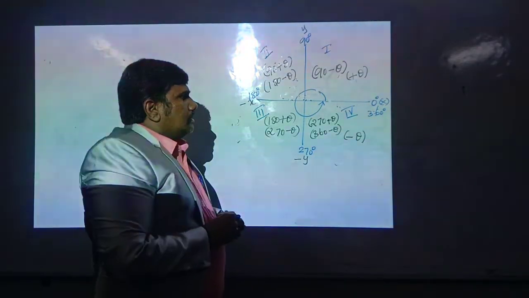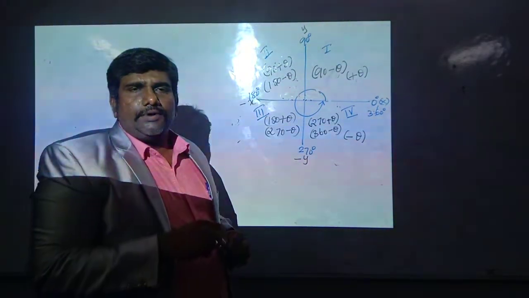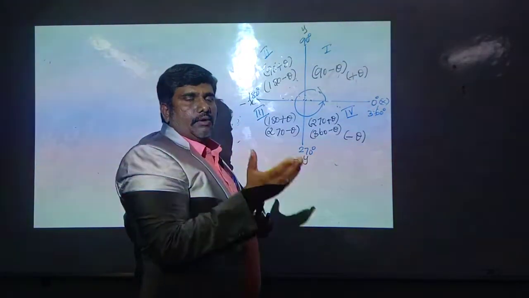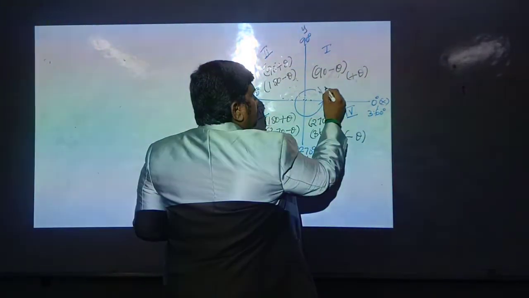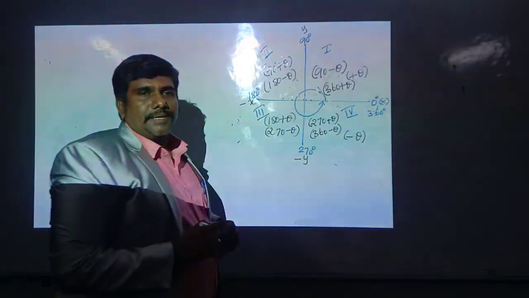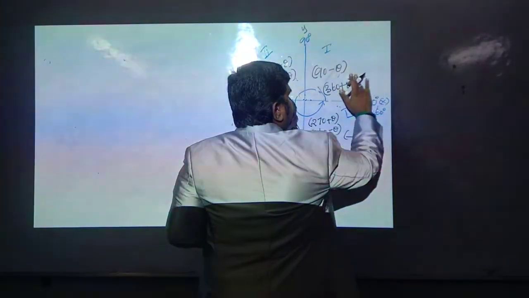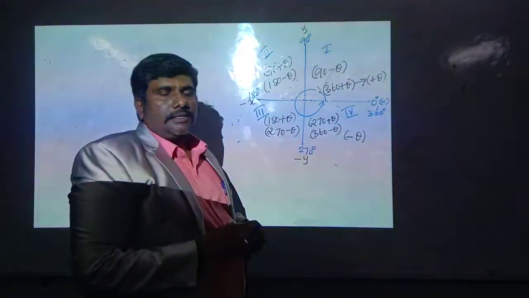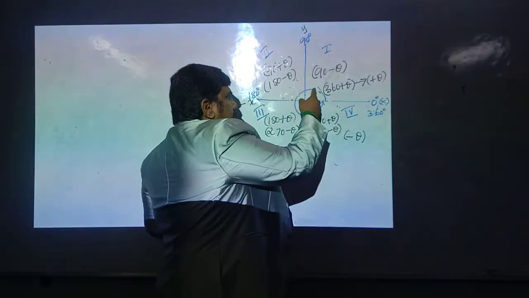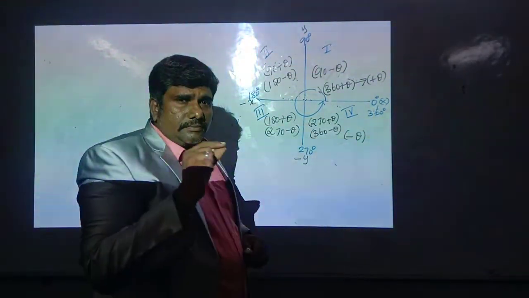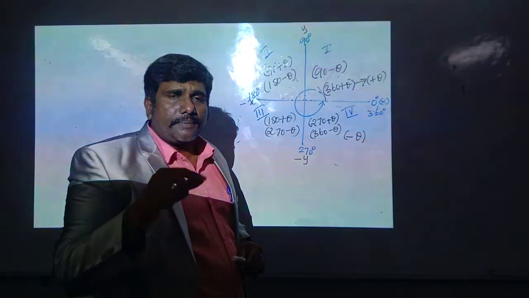After one revolution, it will again enter the first quadrant, where the angle would be 360 plus theta. So in short, we denote this as plus theta. Why? Because for each 360 degrees of revolution, the trigonometric values will be repeated.